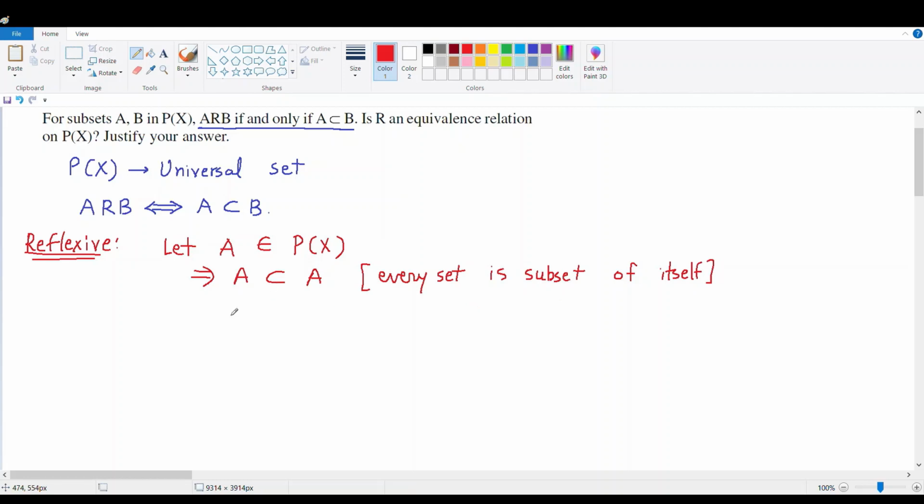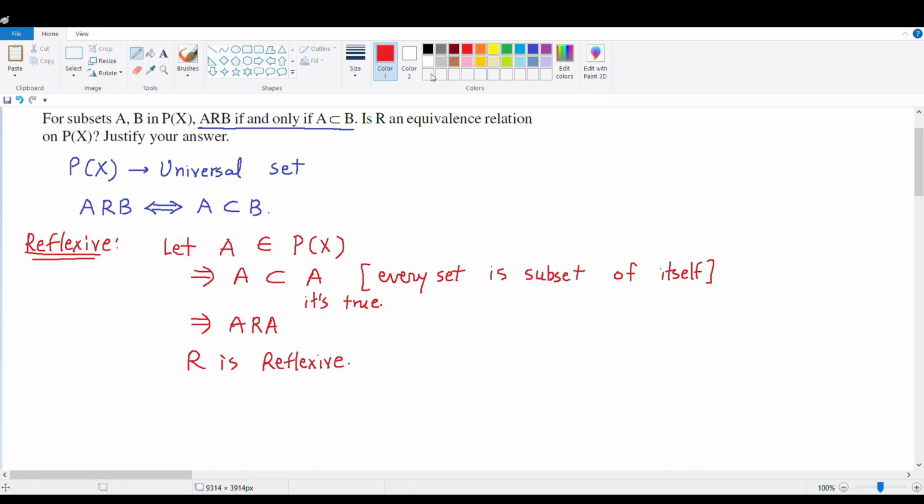So this is true. And since it is true, we can say that A related to A. Why? Because A is a subset of A. So that means R is reflexive.